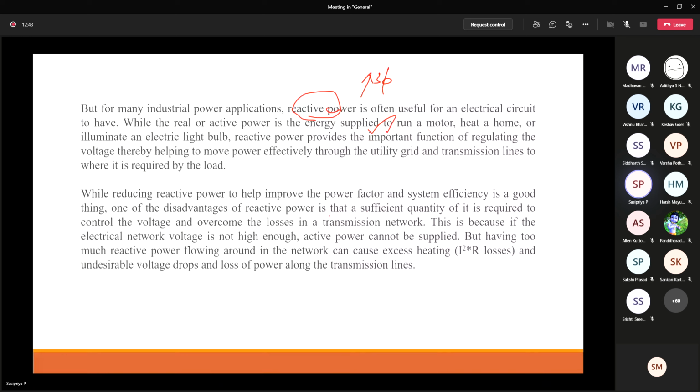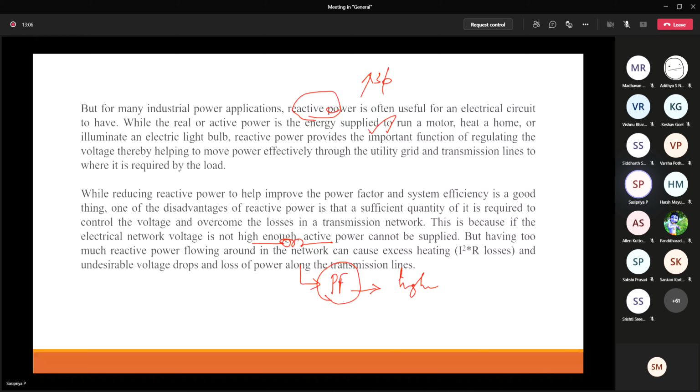Most of the loads available are inductive in nature, which introduces a phase angle difference that affects the power factor. The higher the power factor, the better the power consumption, or the lower the reactive power.